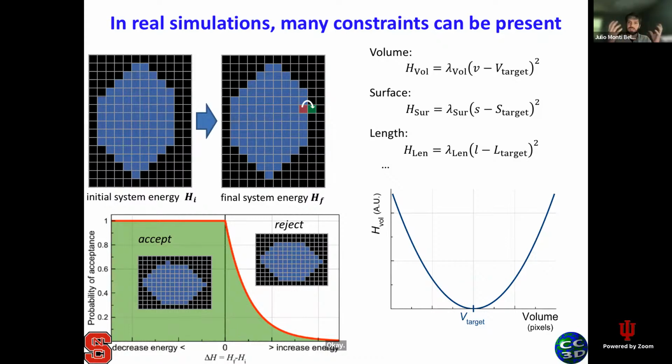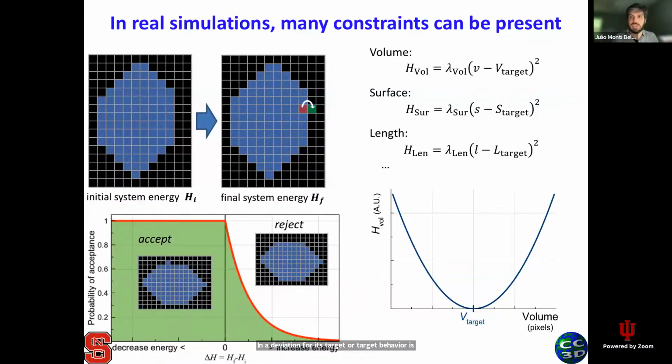So basically, that's everything in a nutshell. You're basically adding properties of your cell by usually using this kind of constraint that has a quadratic term. So you have a very well-defined property of the cell, and that is this target property, and you can calculate what's the current value of this property, and you compare the two of them, and any deviation from its target property or target behavior is penalized and reflects in a higher energy.